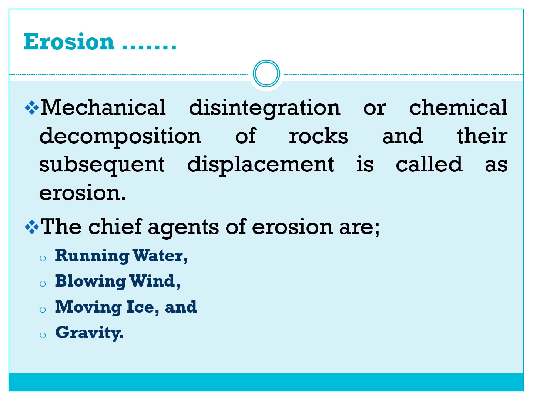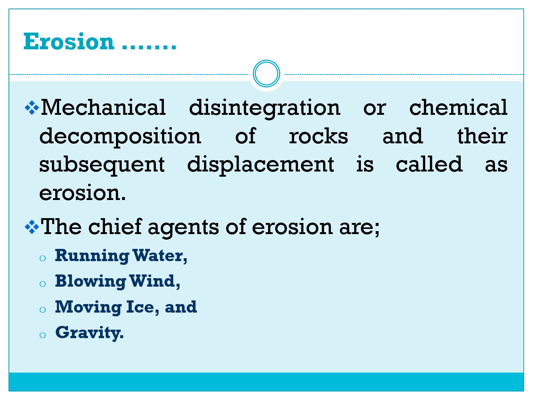Erosion. It is the mechanical disintegration or chemical decomposition of rocks and their subsequent displacement. The chief agents of erosion are running water, the most significant agent of erosion, shaping landscapes through rivers, streams, and rainfall. Blowing wind: wind can carry and deposit sediments, creating features like dunes and deserts.